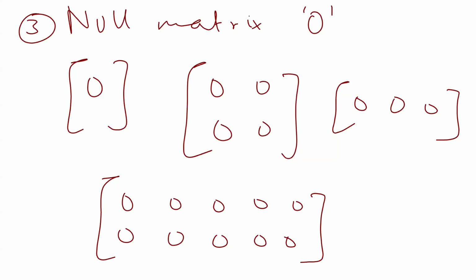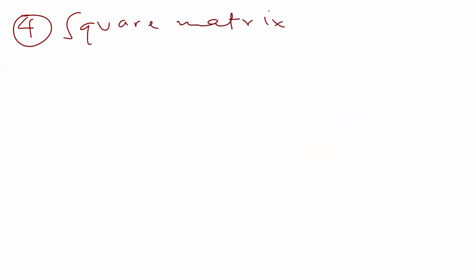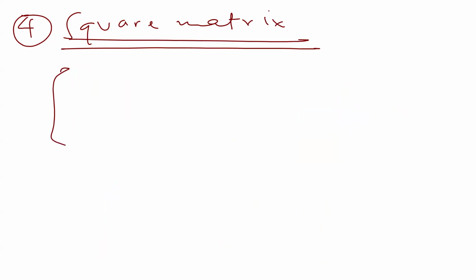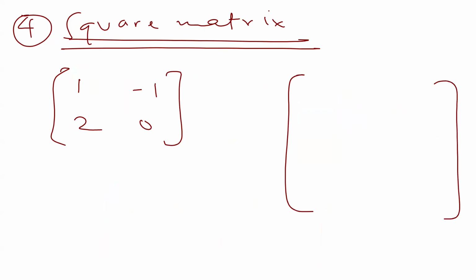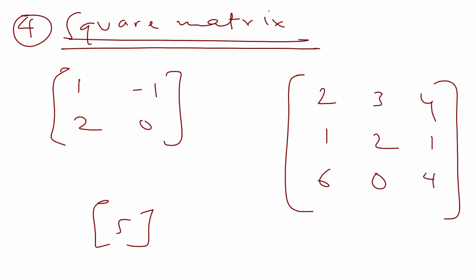Then the fourth one, square matrix. These are the examples of a square matrix.